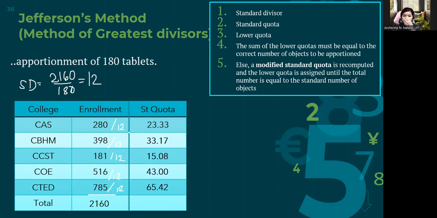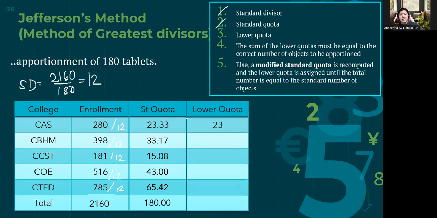Okay? Next thing that we need to do is to get its lower quota. So, anong ulit ang ginagawa sa lower quota? We are rounding down to the nearest whole number. 23, 33, 15, 43, 65.